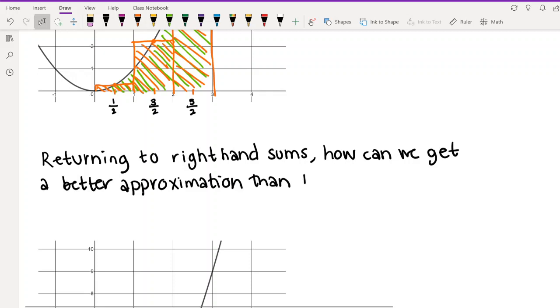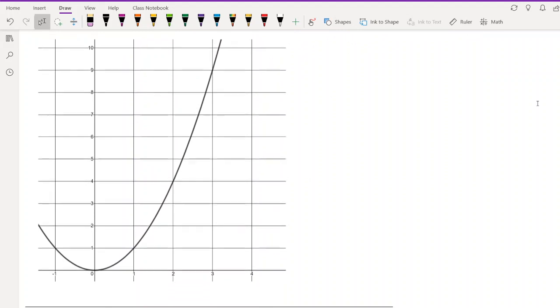And the answer is basically to use more rectangles, and we'll see why that gives us a better approximation. So in this case we're going to do 6 rectangles, because that's a nice, convenient way to break these intervals up. Let me shade in again the actual region we're looking for.